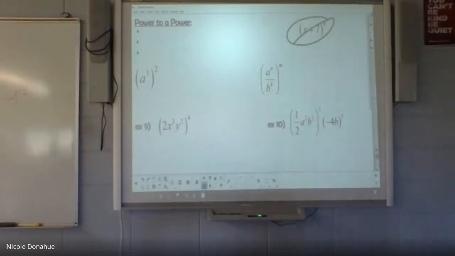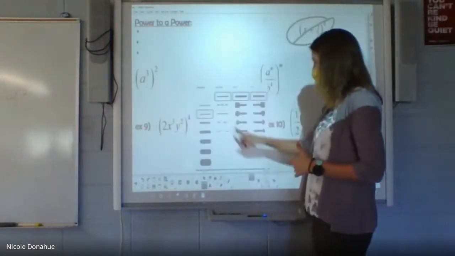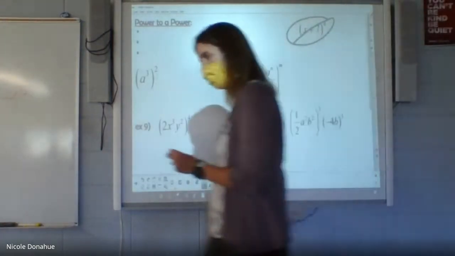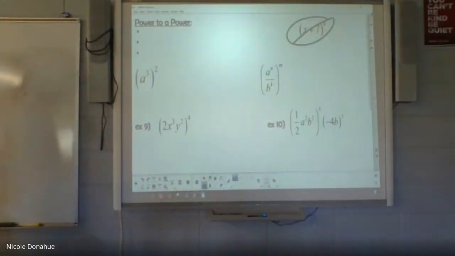So in this problem, I have a to the third and then to the second power. Any idea what we need to do here? Multiply.